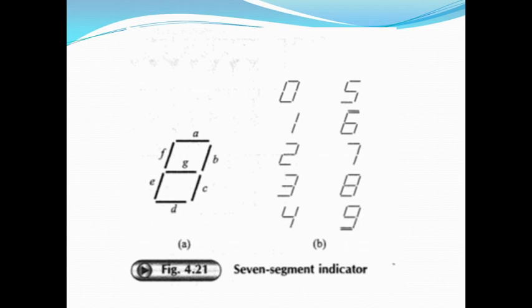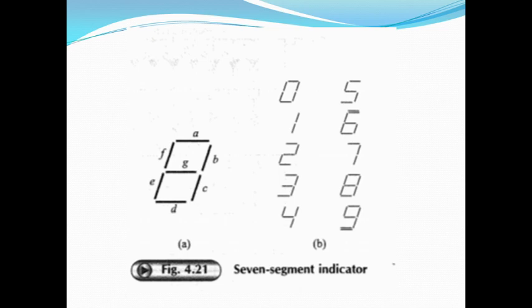This is the way a 7-segment indicator or display unit is formed. Here different LEDs are arranged: A, B, C, D, E, F and G. So 7 LEDs are arranged. That's why it is called a 7-segment display unit.